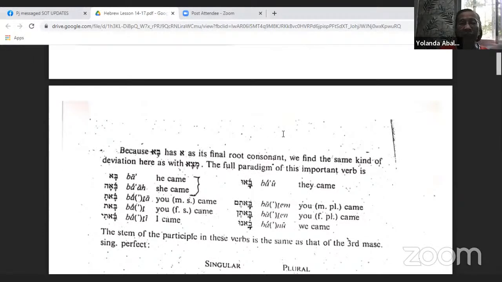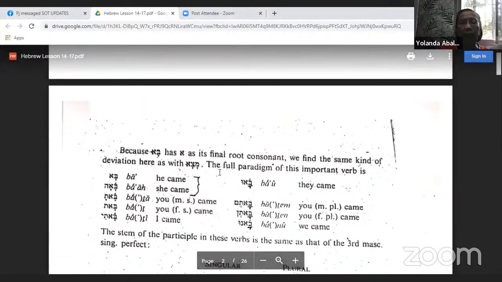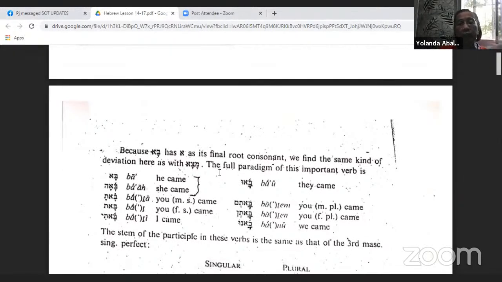Okay. Sunod tayo. Explanation natin sa ba: because ba has Olef in its final root consonant, we find the same kind of deviation here as with matcha. Ang matcha, ang dulo po niya ay Olef din. So, ang full paradigm ng important verb ay ba, he came.